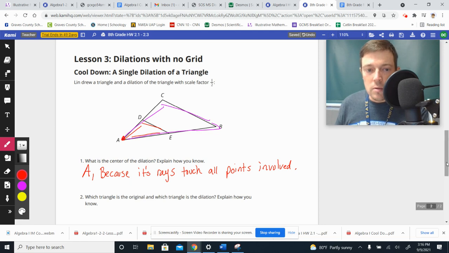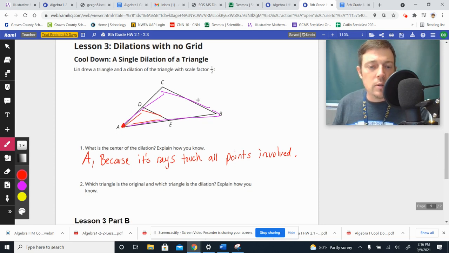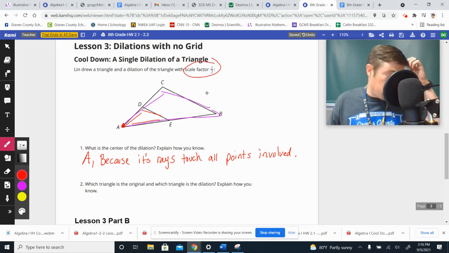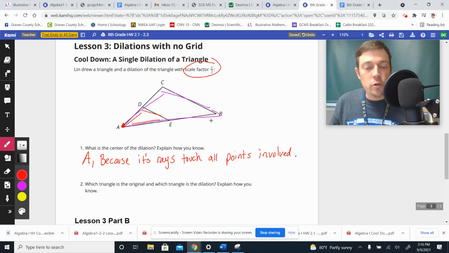Number 2, if the triangle was originally one of the two, which one is the original and which one is the dilation, and explain how you know. Well, since it was a scale factor of 1/2, that means that the triangle shrank.